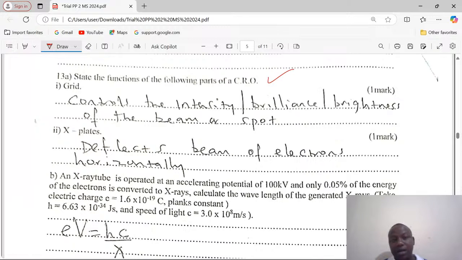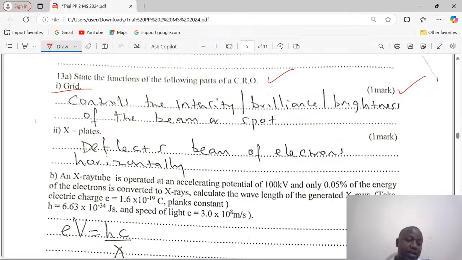The grid is to control the intensity of the beam or the spot. To be more precise, it also controls the brightness of the spot at the screen.